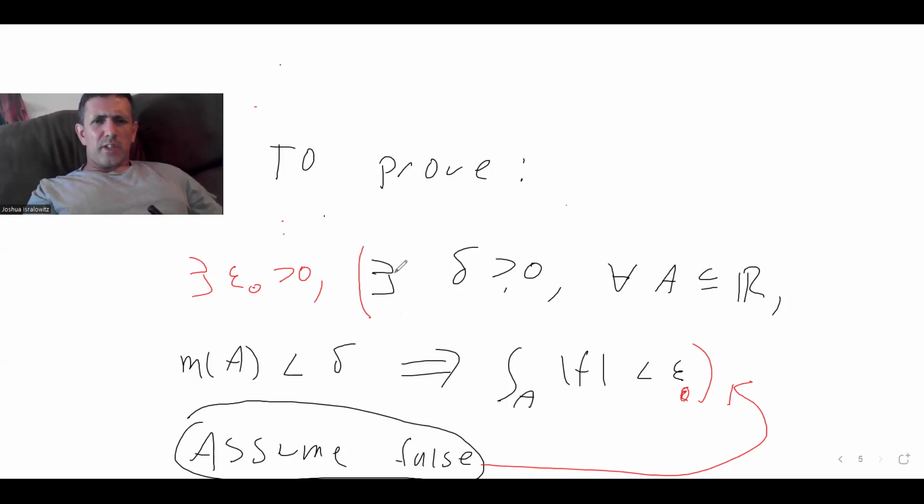Then there exists turns into for all delta. For all becomes there exists.